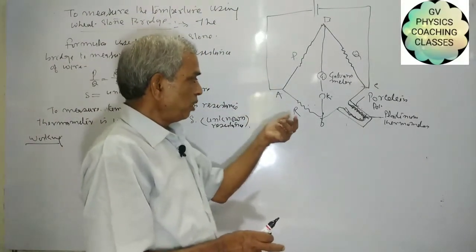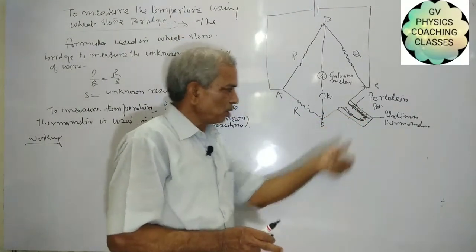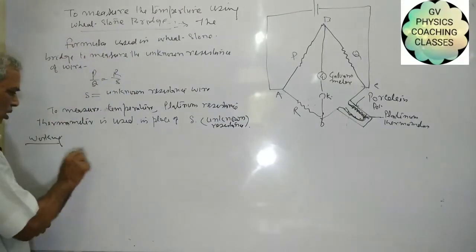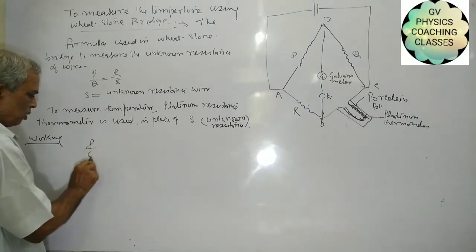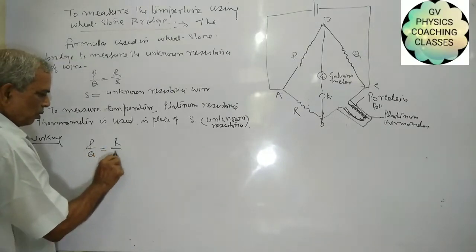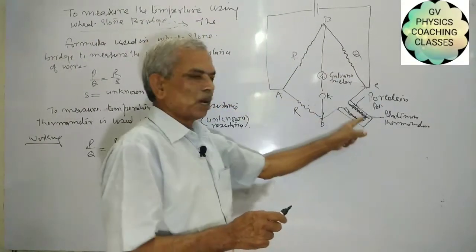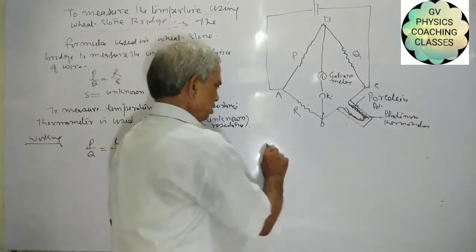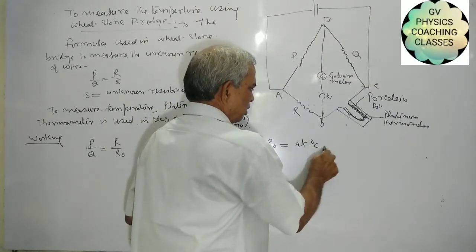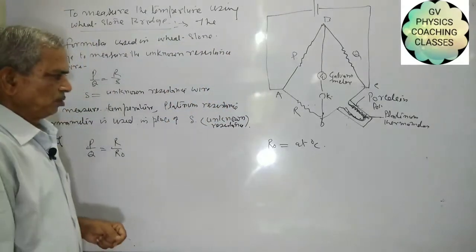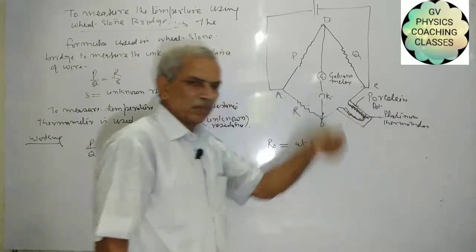For that value of R, and the resistance R0, P upon Q is equal to R upon R0. R0 is the resistance at 0 degree Celsius of this resistance wire.